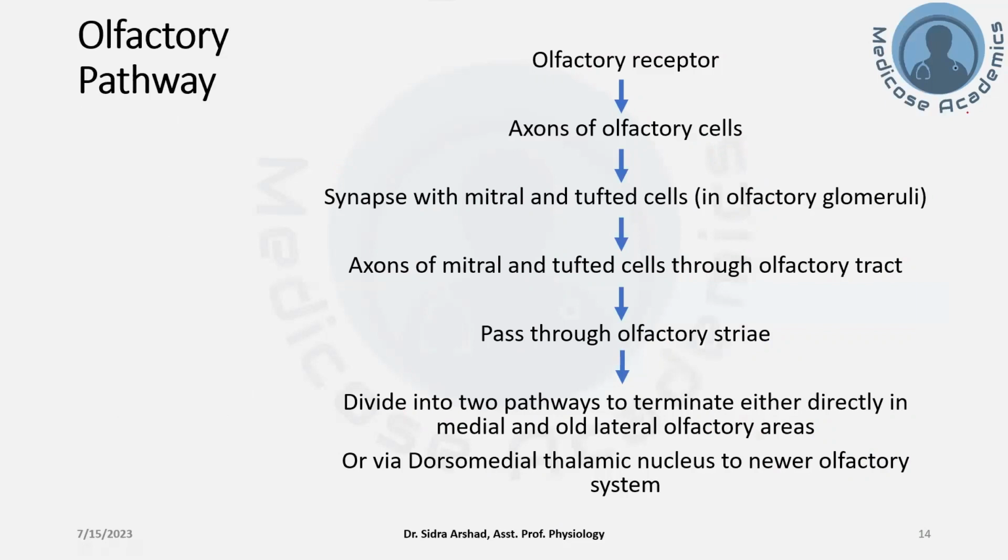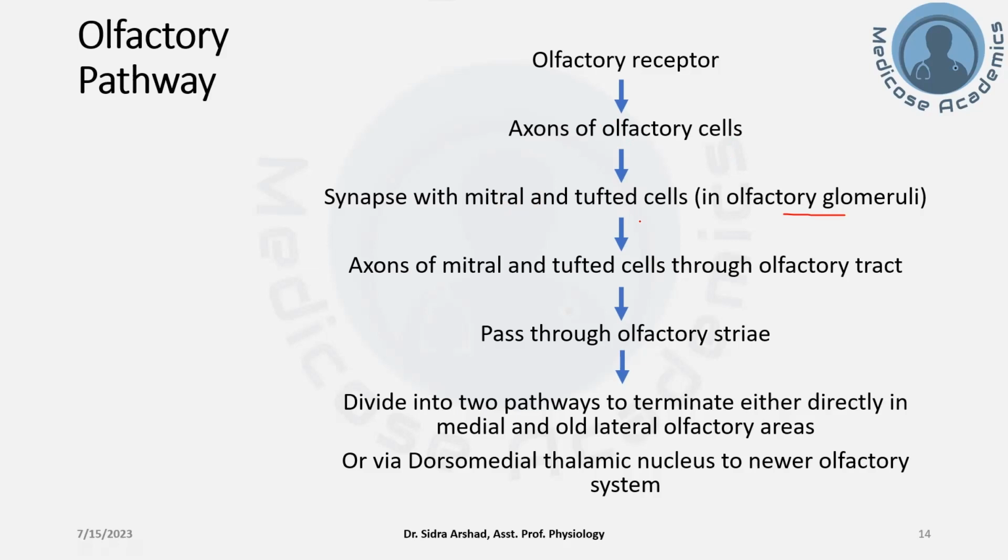So let's trace that pathway. When the olfactory receptors are stimulated, the axons of the olfactory cells synapse with mitral and tufted cells in the olfactory bulb. There are specialized structures in the olfactory bulb known as the olfactory glomeruli. Glomeruli are the region of synapse between the axons of the olfactory cells and the dendrites of the mitral and tufted cells.